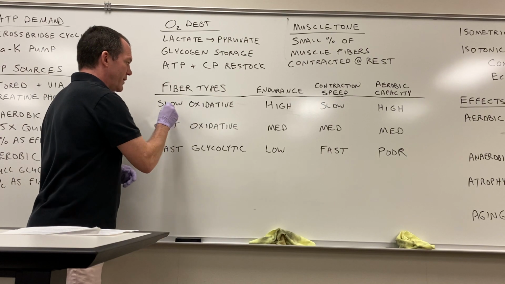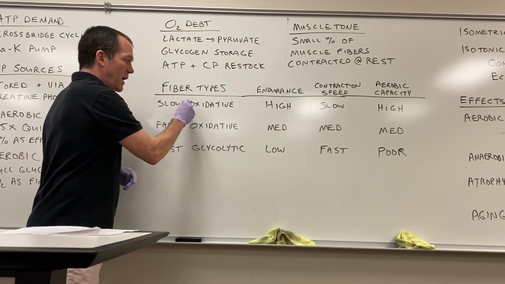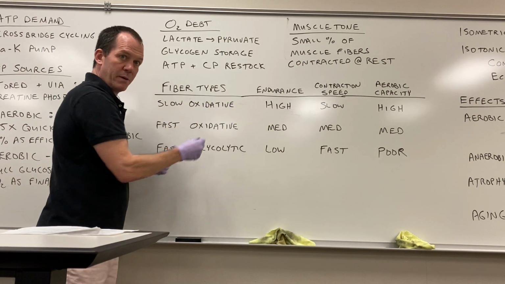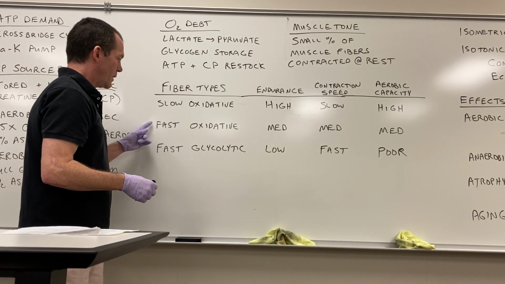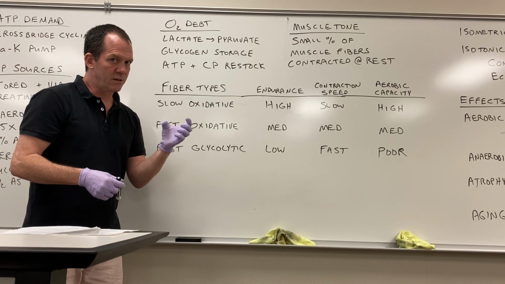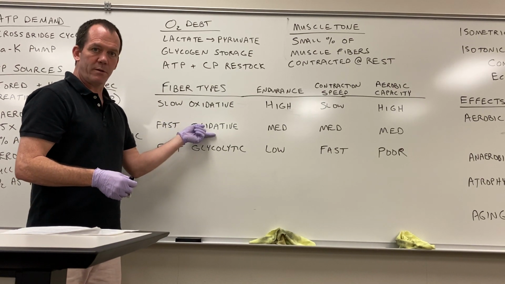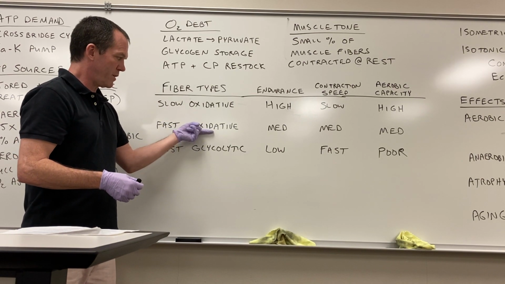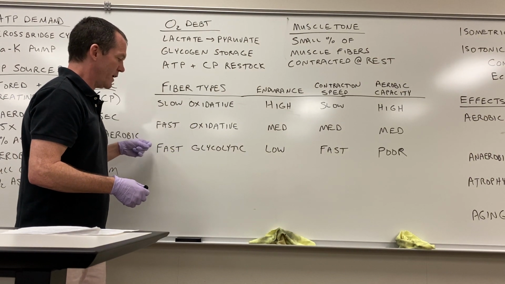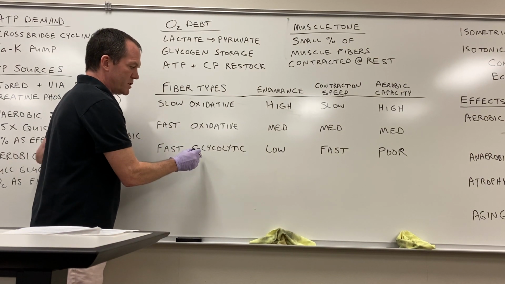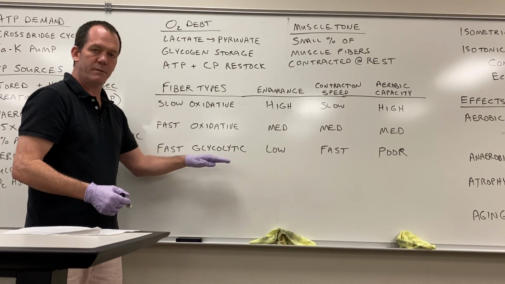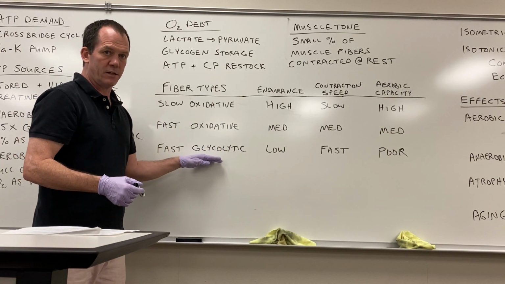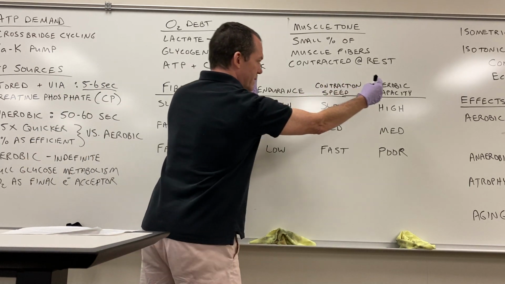Slow oxidative, that's going to be a slower twitch fiber that basically requires oxygen or aerobic respiration. Fast oxidative, it's a bit faster, still heavily reliant on aerobic respiration, therefore the name oxidative. And then fast glycolytic, fast fibers, fast twitch fibers that use glycolysis, break sugars. So these guys are going to be specialists in anaerobic respiration, and I've kind of summarized their abilities here.